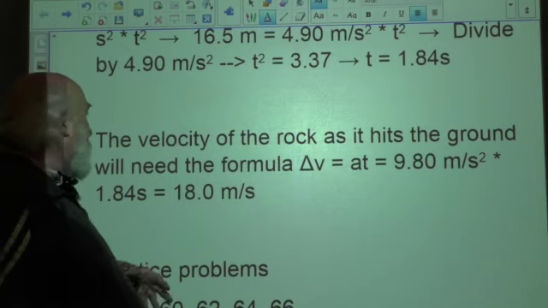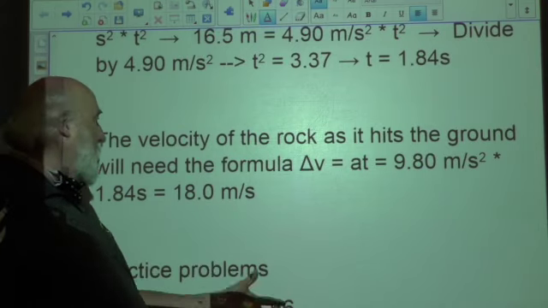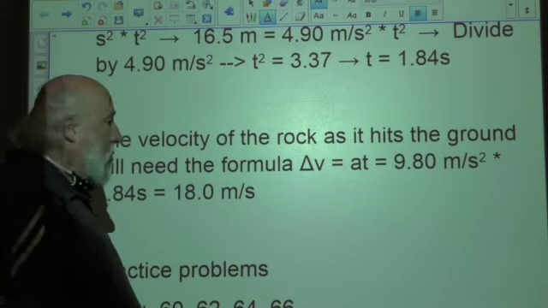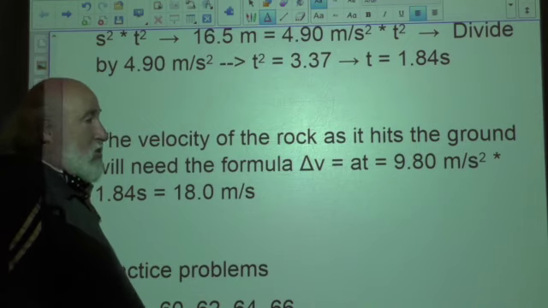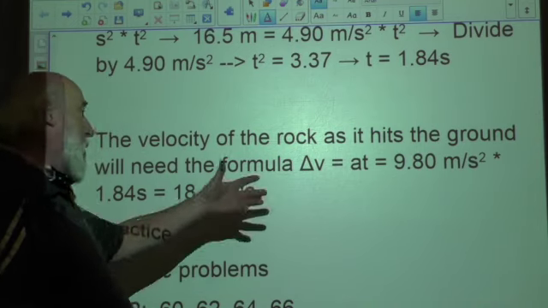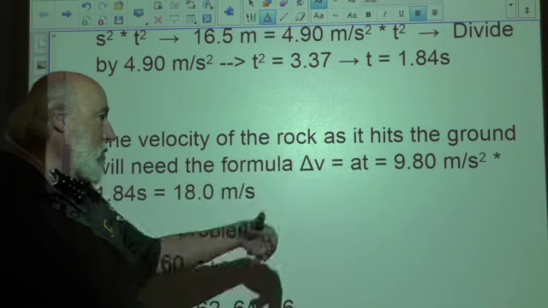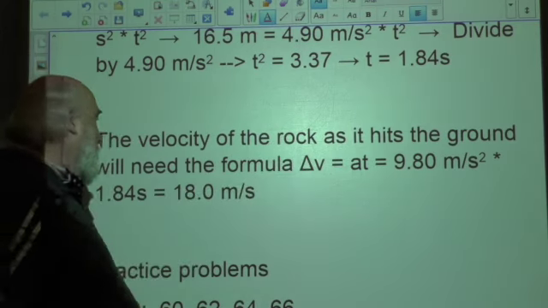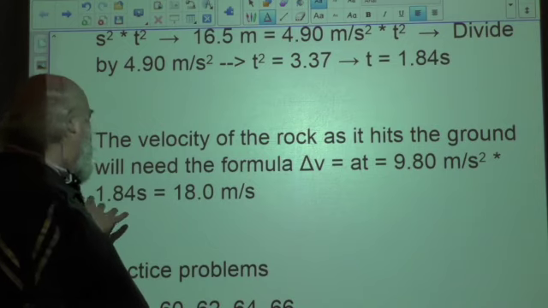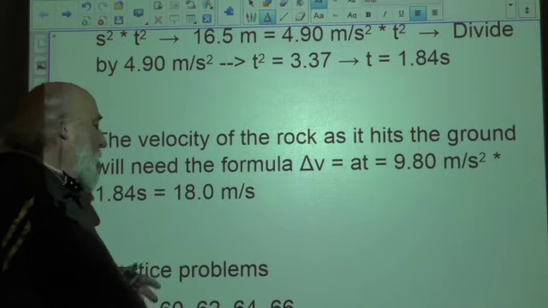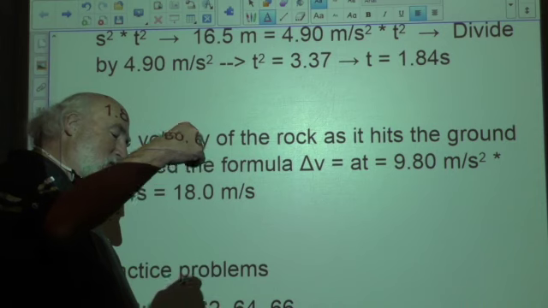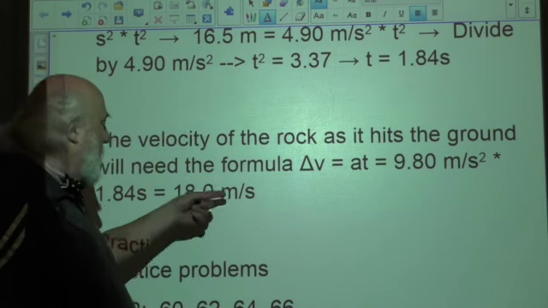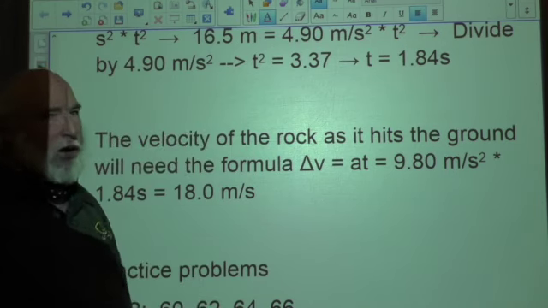Then the next question is, how fast is it traveling when that happens? Well, again, we're going to use delta V equals A times T, because the initial velocity is 0, that drops out. And A is gravitational acceleration, so again, I could have used G there, but it's the same thing. 9.80 meters per second squared is the acceleration, 1.84 seconds is the time it drops. So we know that at the instant that rock hits the ground, the speed is going to be 18.0 meters per second.